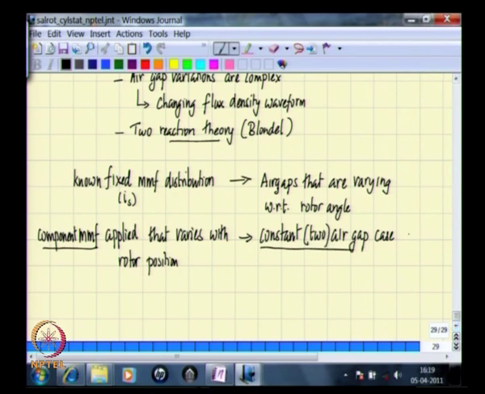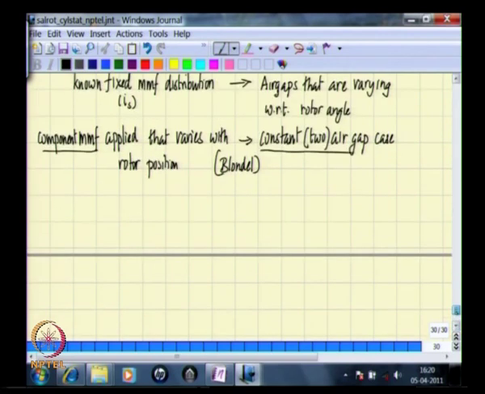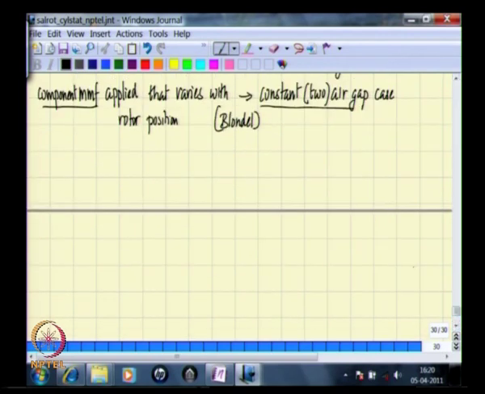So, this is an issue which can be addressed analytically, and this is essentially what Blondel had then suggested, which goes under the name of two reaction approach. And we use this to arrive at the MMF distribution.